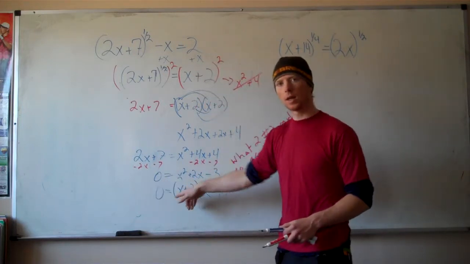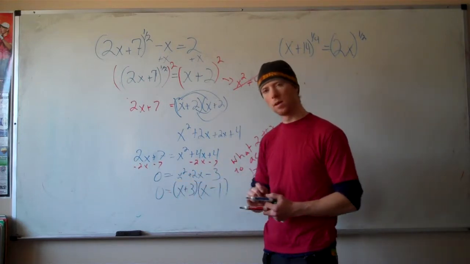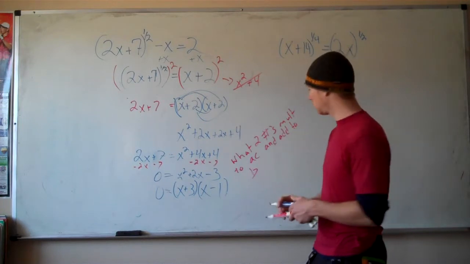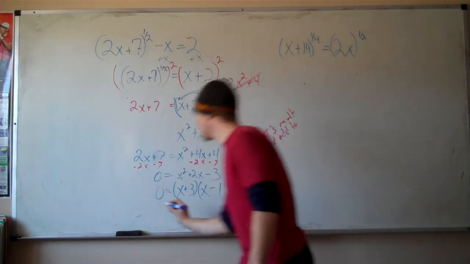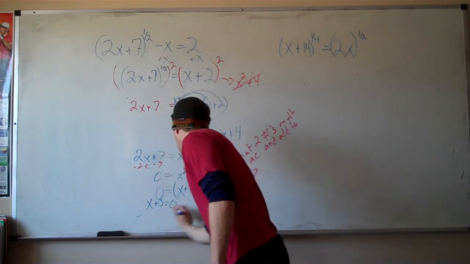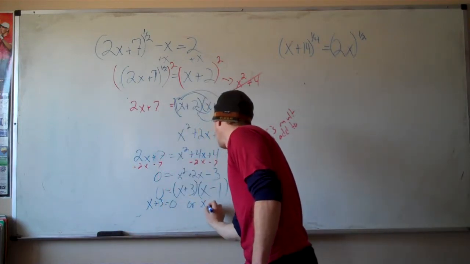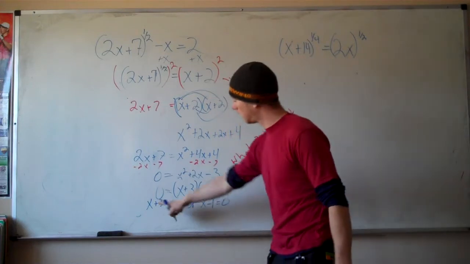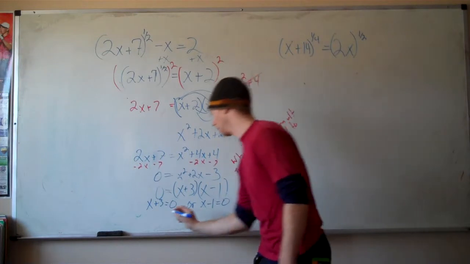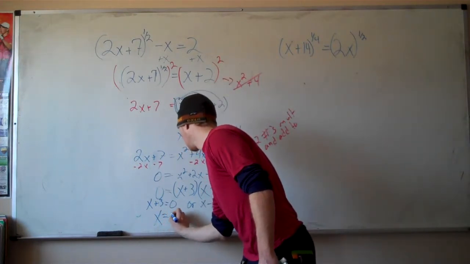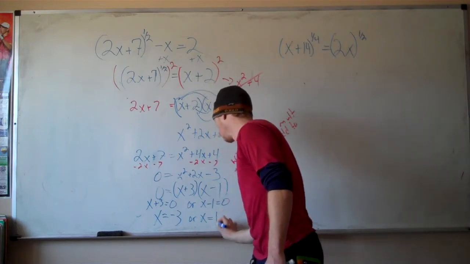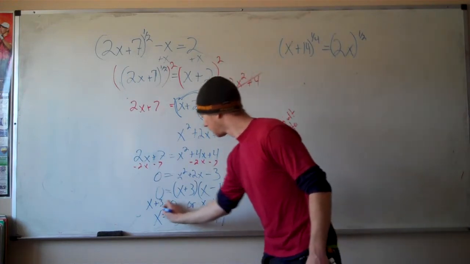Now I've got the product of two linear binomials, and one of the two quantities has to equal 0. So you can set it up as x plus 3, your first factor, equaling 0, or x minus 1 equaling 0. That's going to give you a final answer of x equals negative 3, or x equals 1.